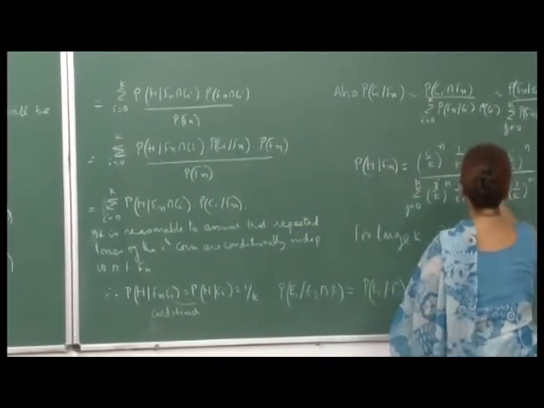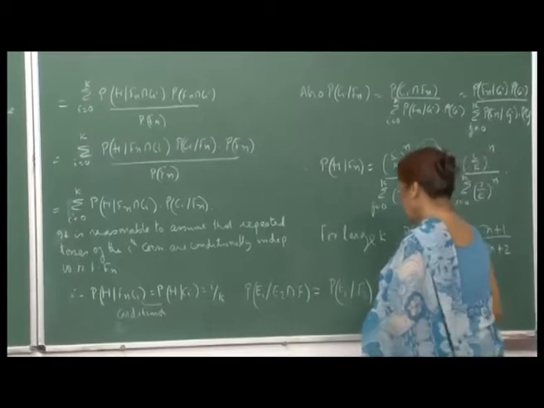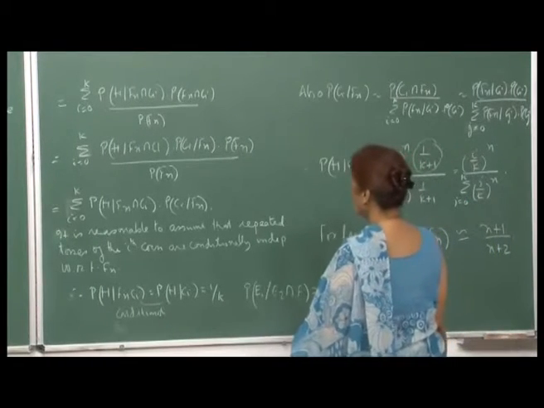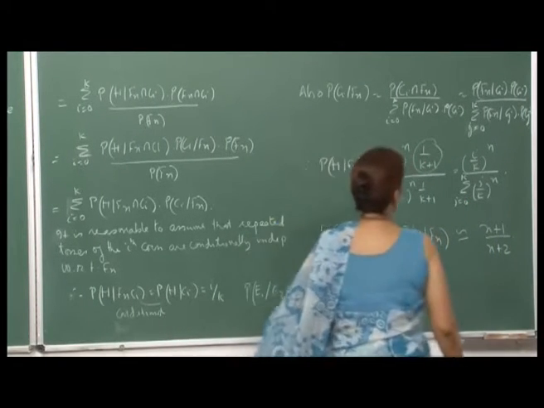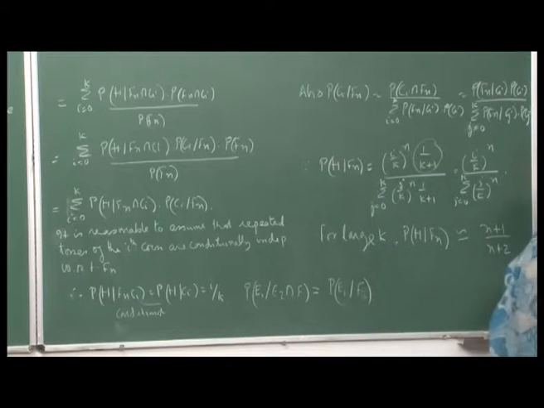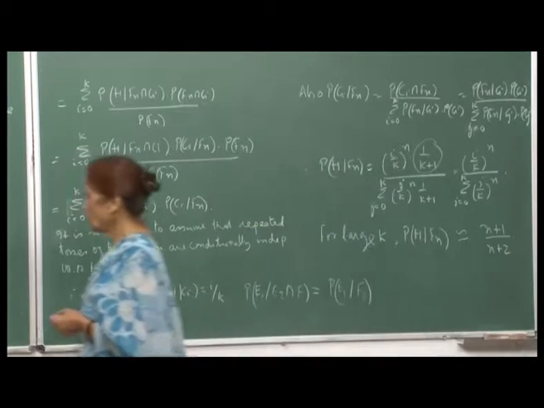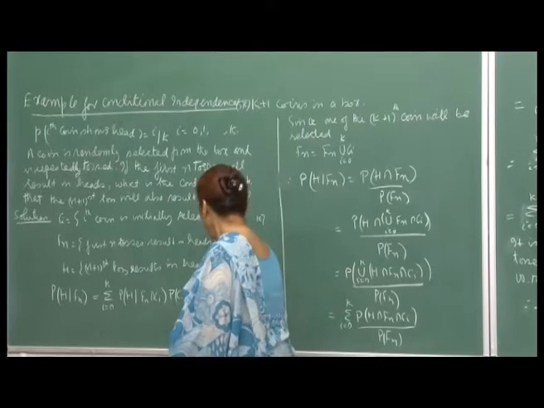So, what am I writing here? This is C i given f n, so h given f n. Let me just check out here. This is C i f n, right.